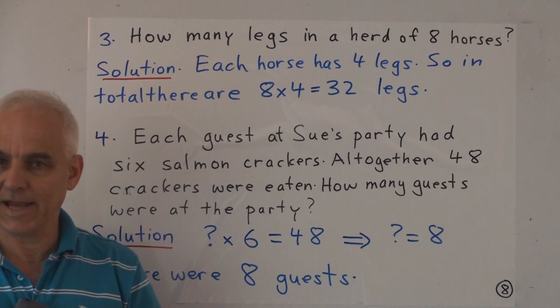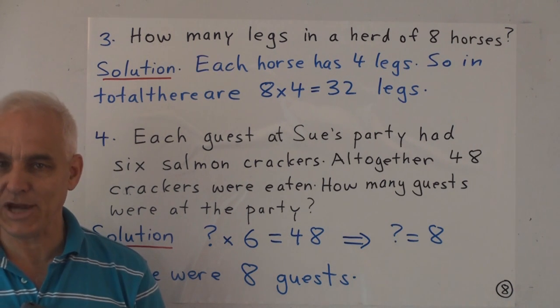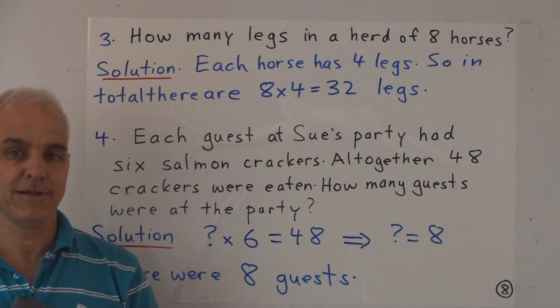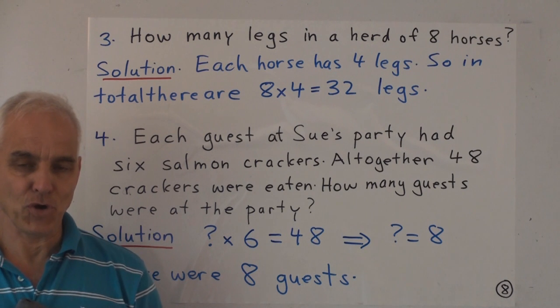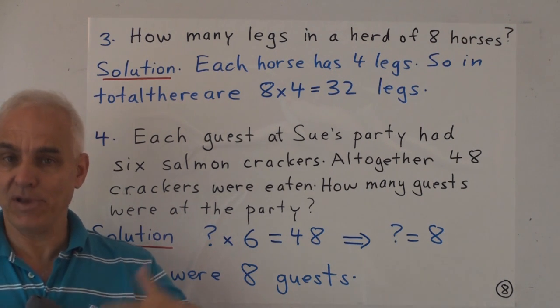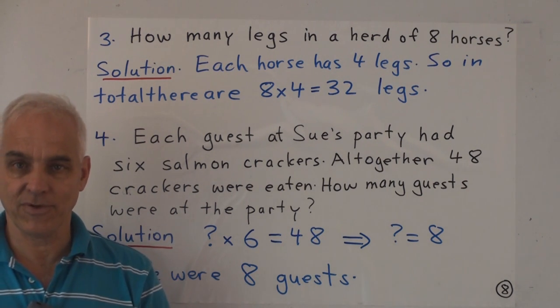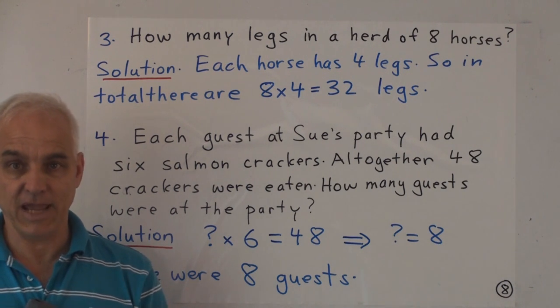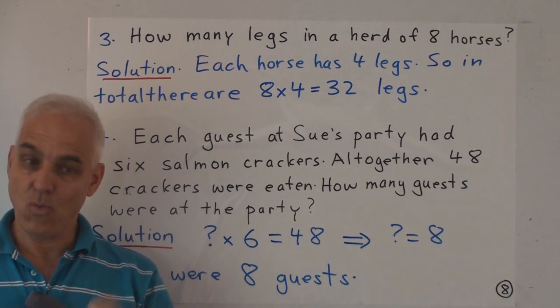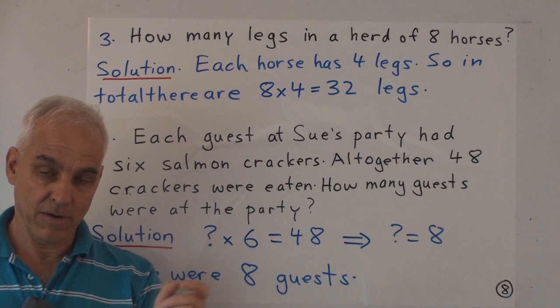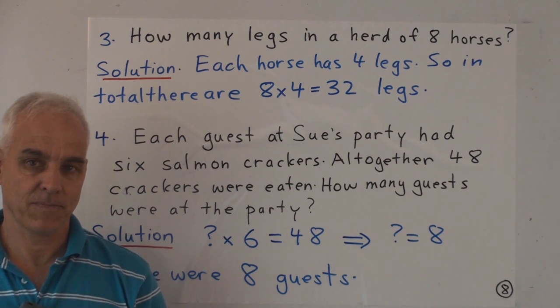All right, so very good. We're getting some more experience with multiplication, this very, very important task of learning the multiplication table and applying it to problems that involve multiplication and recognizing when a problem involves multiplication.